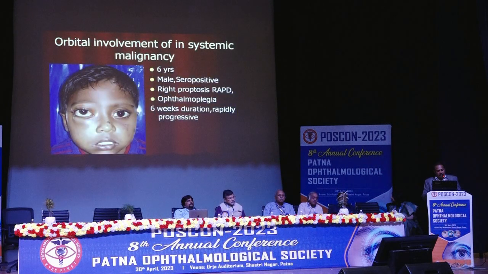Lastly, orbital involvement in systemic malignancy also has to be kept in mind, like this 6-year-old boy who was seropositive, with right proptosis, an RAPD and ophthalmoplegia of 6 weeks duration, which means it was very rapidly progressive. This lesion on his nose turned out to be Kaposi's sarcoma, and he was having metachronous tumors, two things going on at the same time.